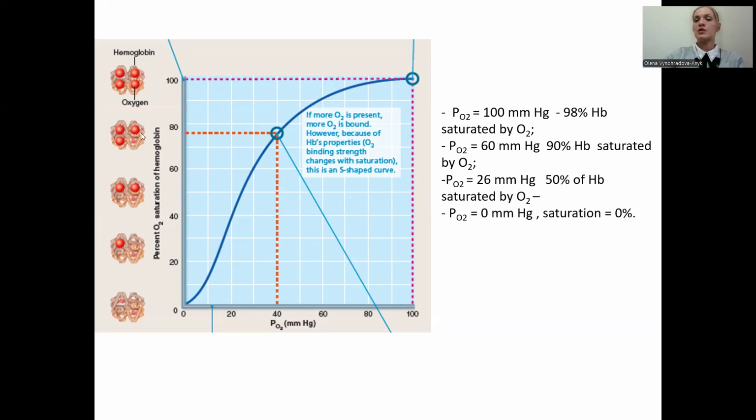That's why hemoglobin will dissociate more quickly and release oxygen to our tissue. We say that effective dissociation happens when partial pressure is less than 80, and partial pressure less than 40.